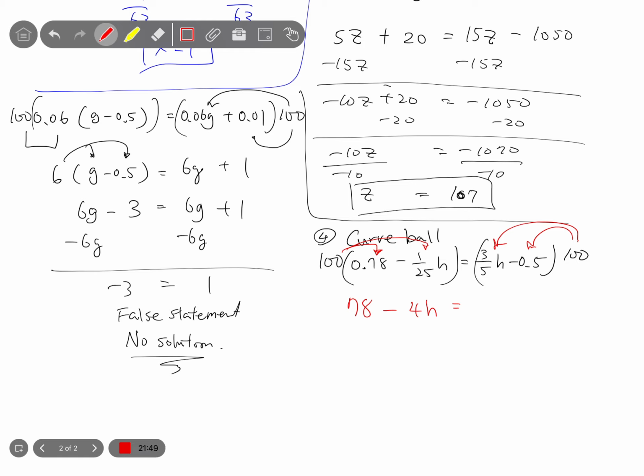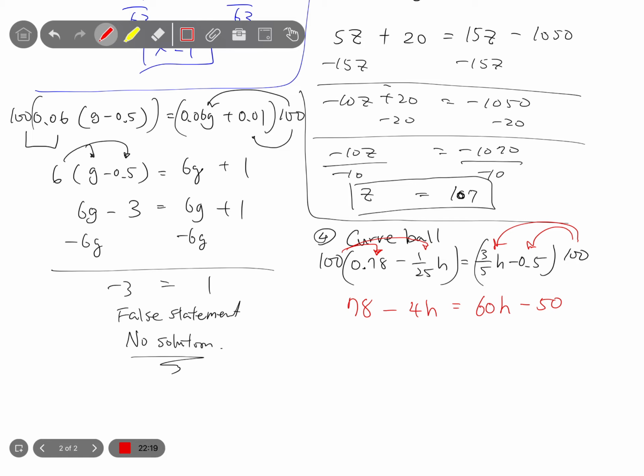So 100 divided by 5 is 20, and 20 times 3 is 60. So I have 60h. Minus, now 0.5 times 100, that's basically half of 100, so that's 50. So I think this one's not too bad. Okay, so this problem is actually okay, right? I mean, you multiply by 100, you cancel out all the fractions, and you cleared out all the decimals. So not a bad idea.